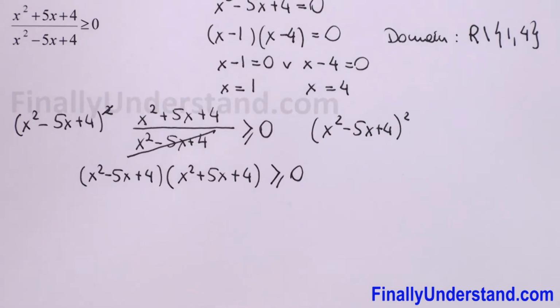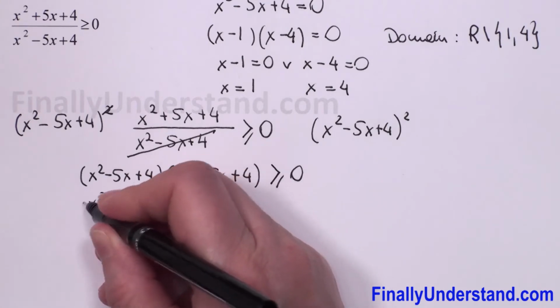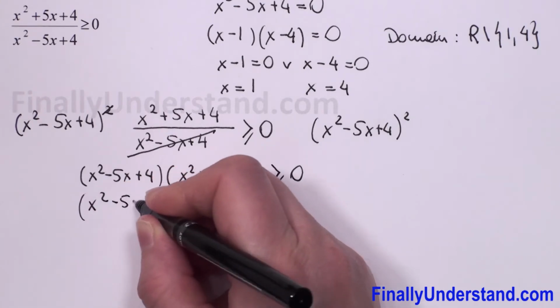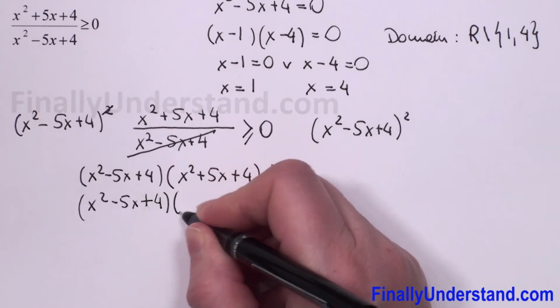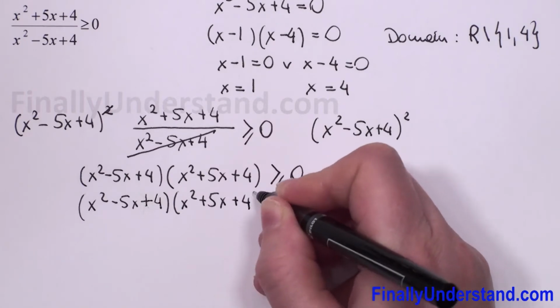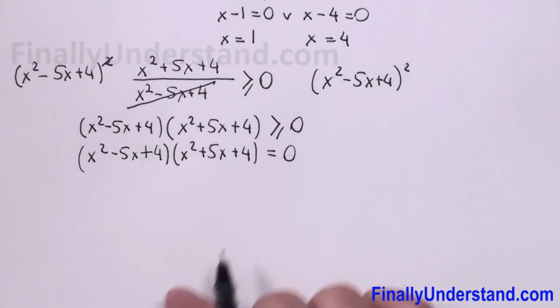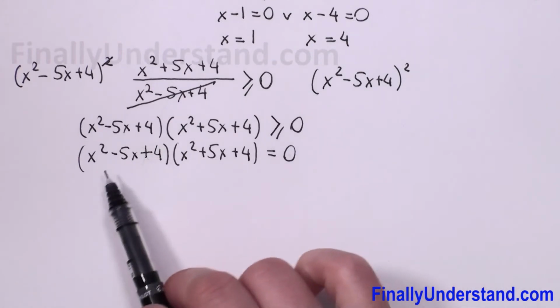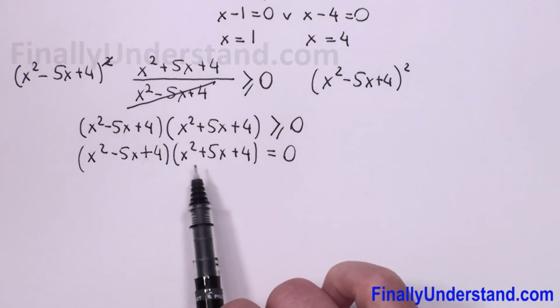Now we have to make the left side equal 0. So we will have x squared minus 5x plus 4 times x squared plus 5x plus 4 equals 0. We have multiplication on the left side. This left side will be 0 when one of these factors is 0.